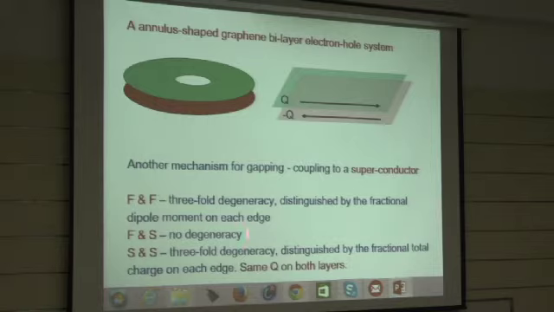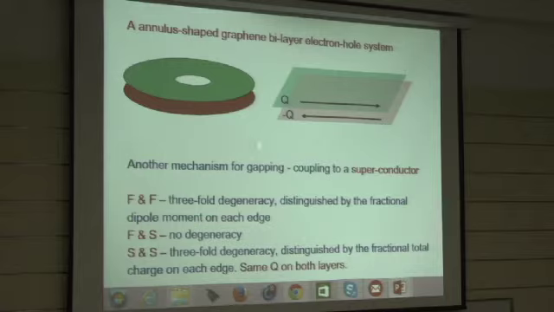Here, Amir gave an introduction to what I want to say, and this is the fact that we can gap such edges also by coupling to a superconductor, not just by tunneling, which takes an electron from here and moves it to here, but by coupling to a superconductor, which takes an electron from here and an electron from here, forms a Cooper pair and swallows them, or splits a Cooper pair, one electron to each layer.